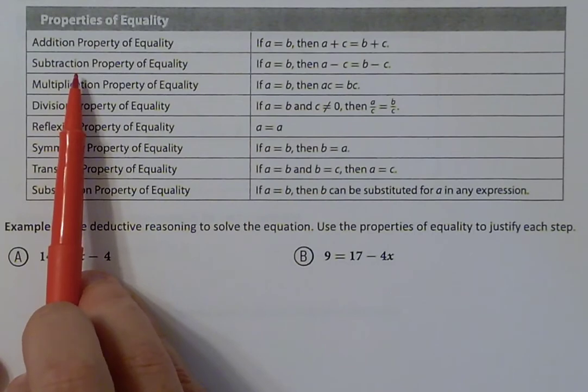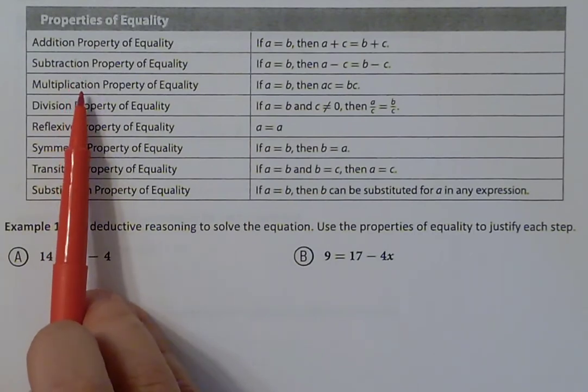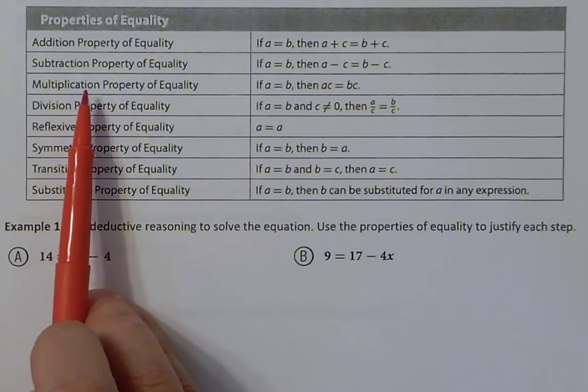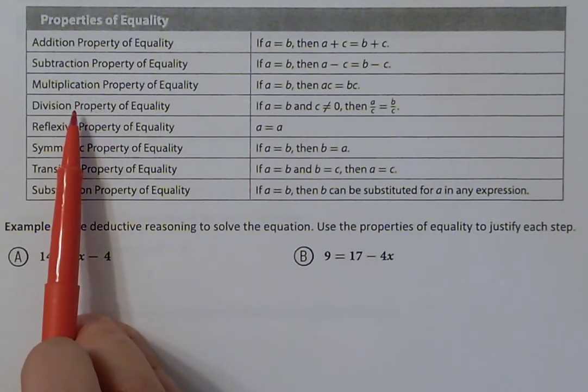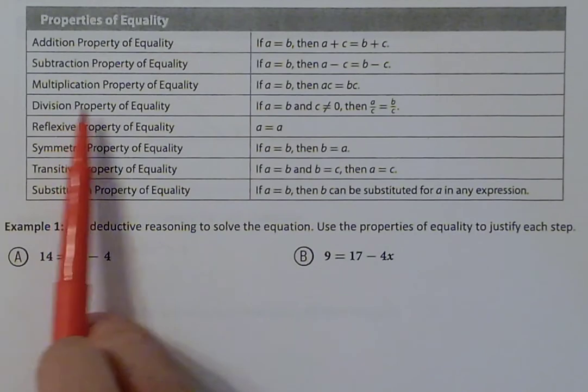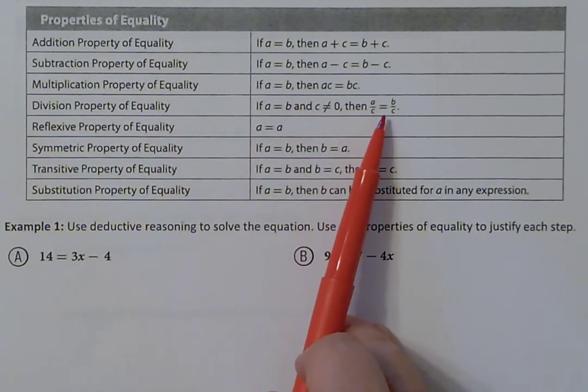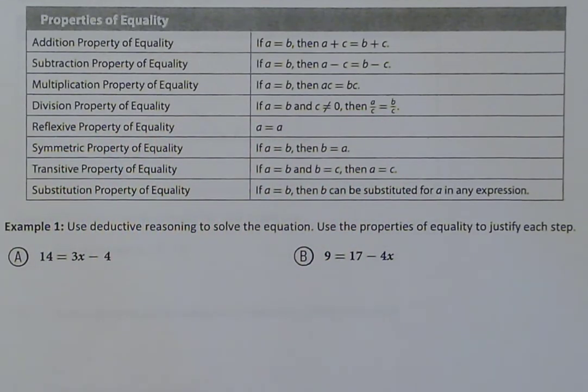Subtraction property of equality, I can subtract numbers to both sides. Multiplication, I can multiply the same number to both sides, and then the same thing with division, just that I can divide to both sides the same number. So addition, subtraction, multiplication, division properties of equality are just whenever you apply that to the formula that you are solving.